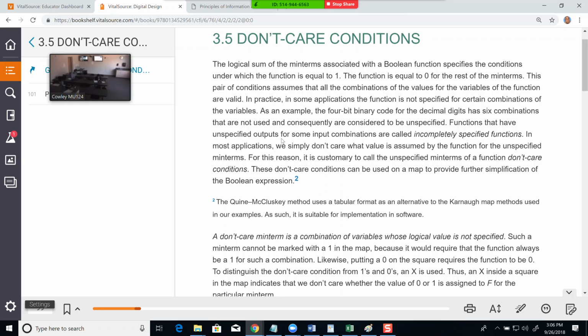Functions that have unspecified outputs for some input combinations are called incompletely specified functions. In most applications, we simply don't care what value is assumed by the function for the unspecified min terms. For this reason, it's customary to call the unspecified min terms of a function don't care conditions. These don't care conditions can be used on a map to provide further simplification of the Boolean expression.